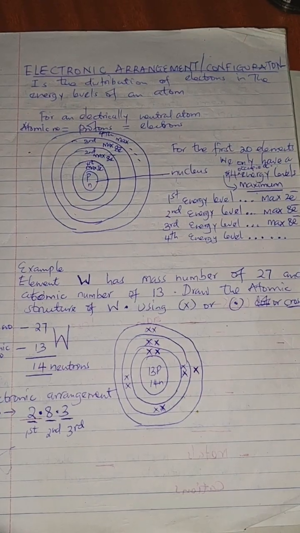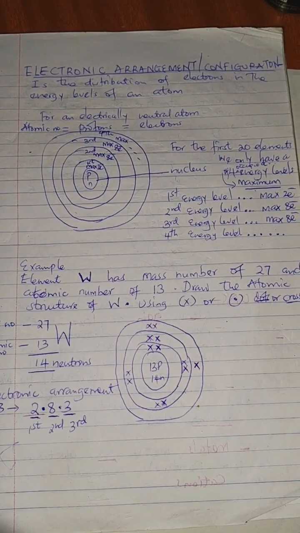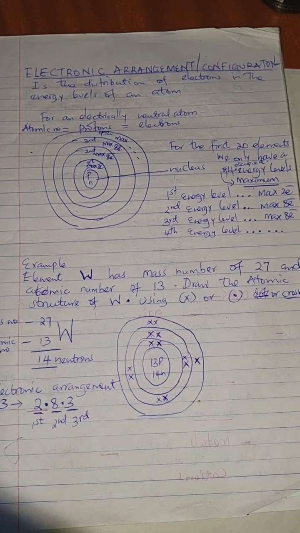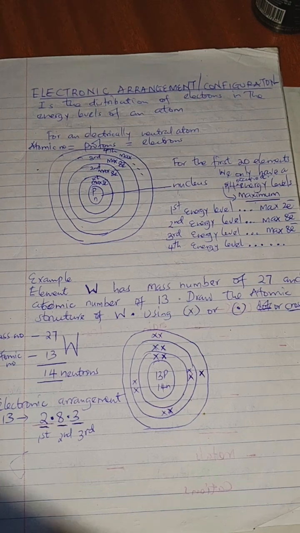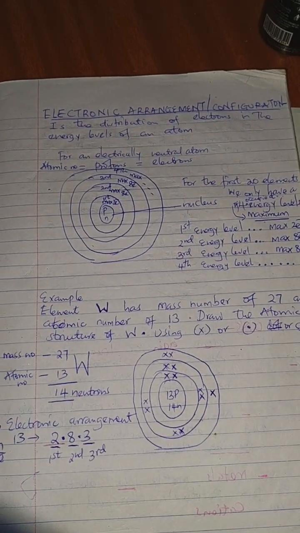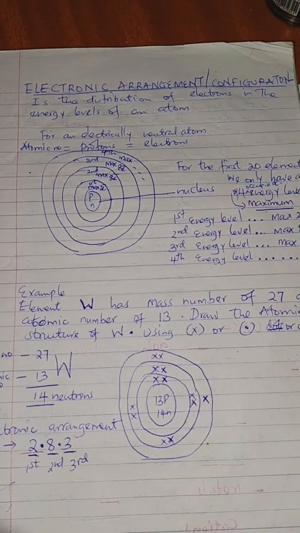In grade 10, we look at electronic arrangement in terms of orbitals. But in this 8-4-4 system, we are going to look at electronic arrangement in terms of energy levels. In grade 10, it's about S, P, D, and F orbitals.